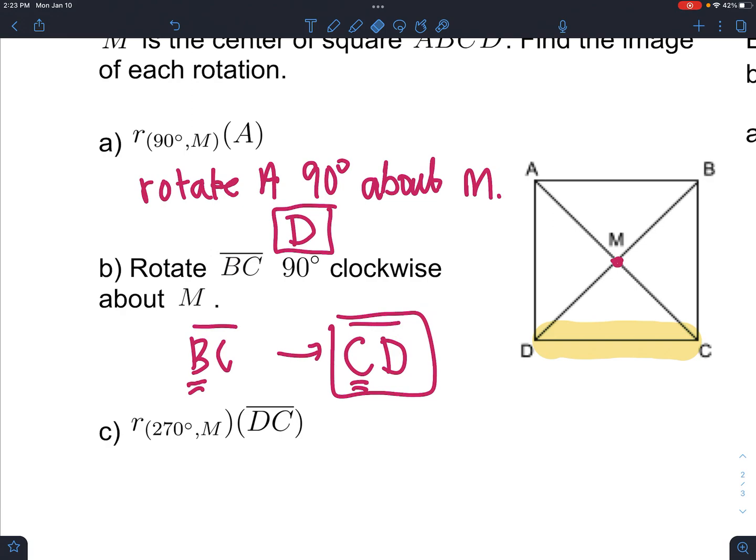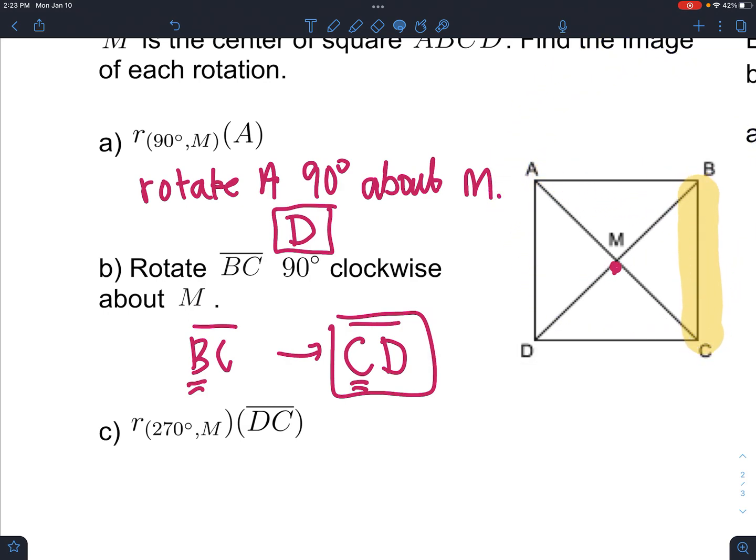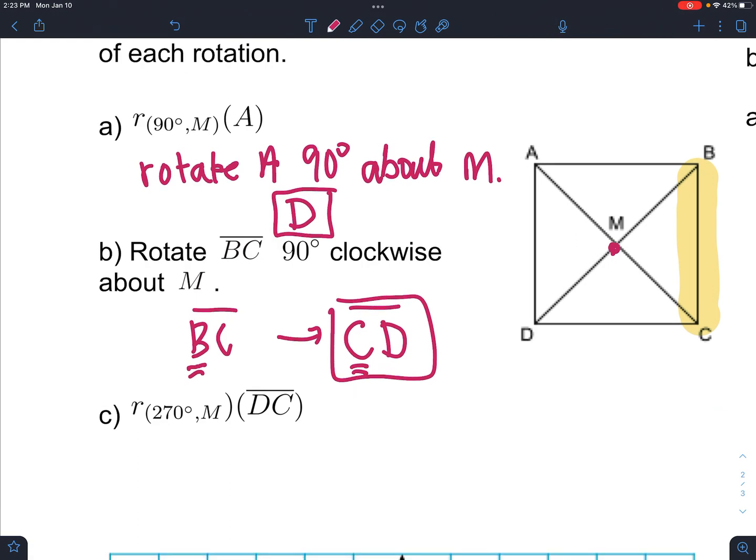And same thing, if we're at DC and we rotate it 270 degrees, that's going to look something like, trying to do it for you, 90 degrees, 180 degrees, and 270 degrees, like that. So you have to visually kind of see that. Again, this is going to go to, it's actually CB. Oh wait, hold on. I think I went the wrong way, didn't I? Sorry about that. I went clockwise, didn't I? So easy trap to fall into.